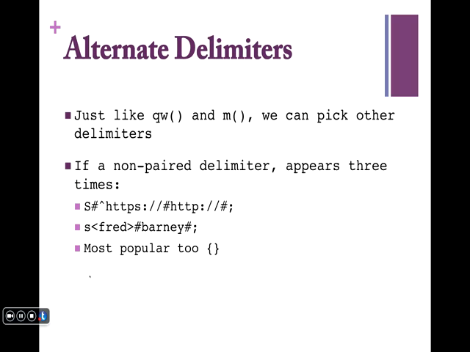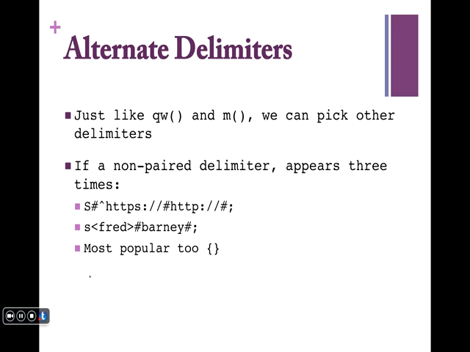So here, for example, in the first example, I want to substitute https: that appears at the beginning of the string with http:. I am using the pound sign here as the delimiter, because if you think about it, if I use the slash inside my expression and my substitution phrase, I will have to precede every slash with a backslash to be understood as a typical slash.